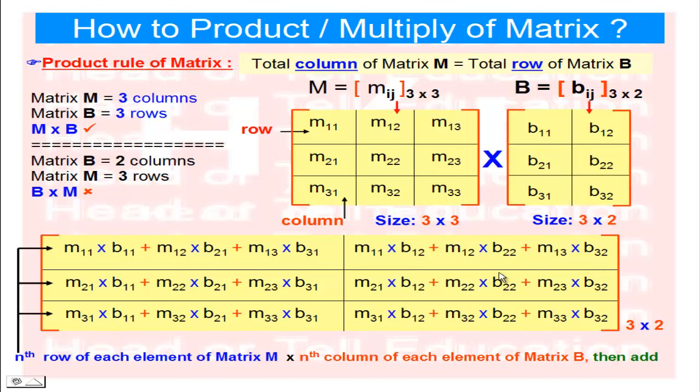So this is the first row second column value after multiplying. All of them work the same way.